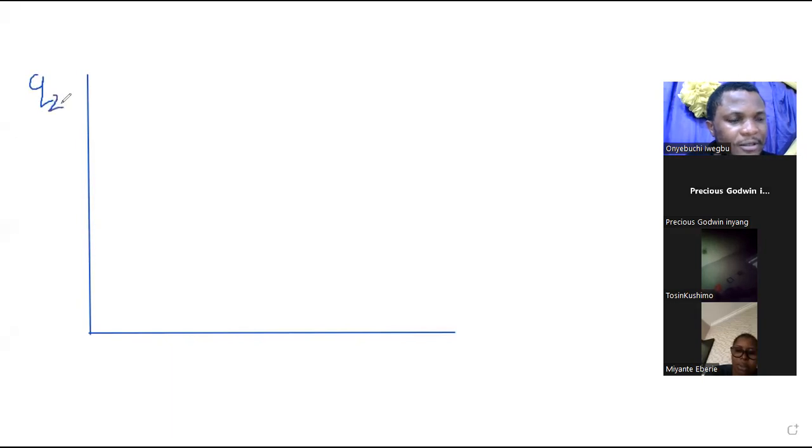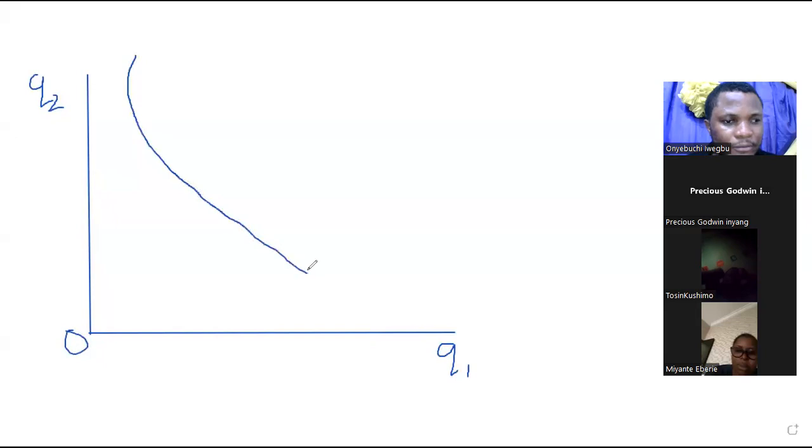This is Q2. This is Q1. These are the two goods I'm consuming. So this is my indifference curve, I1. I'm sorry that my graph might not be so perfect. If it were a board, that would have been a perfect drawing. Now, this is my indifference curve.